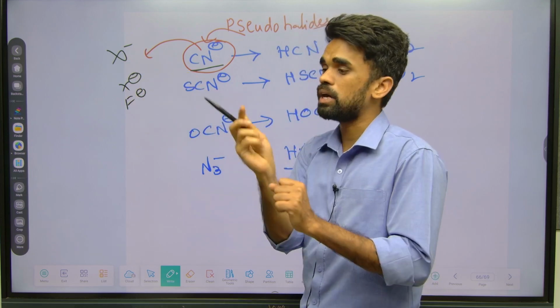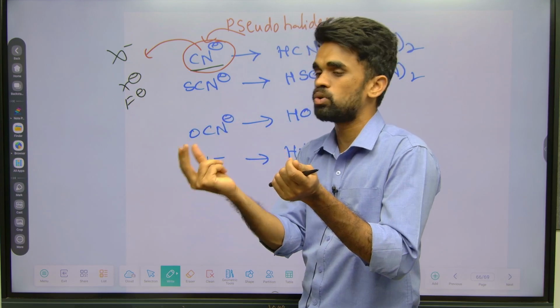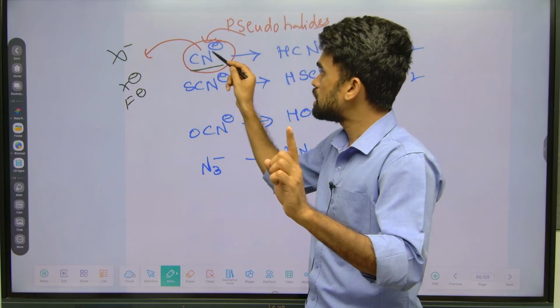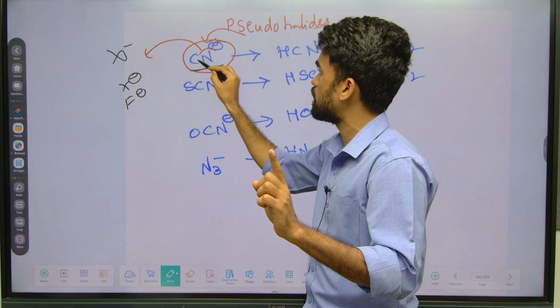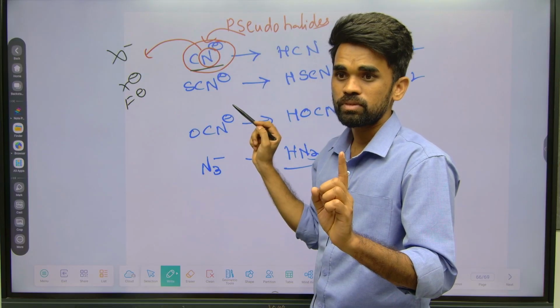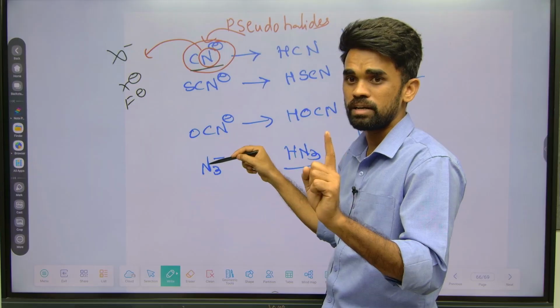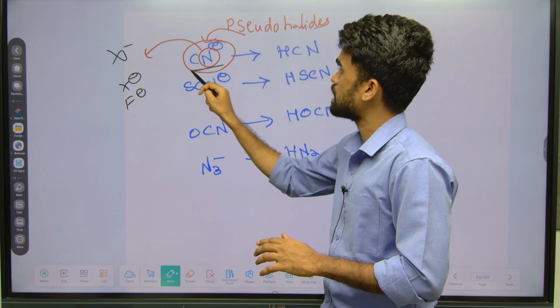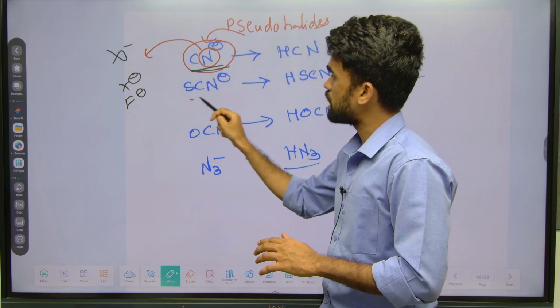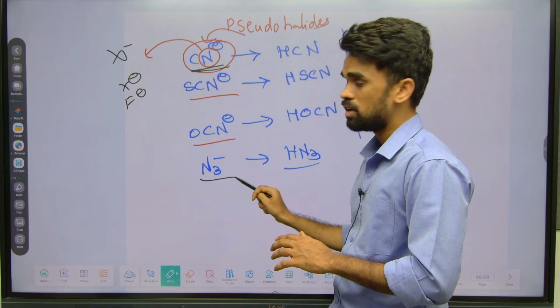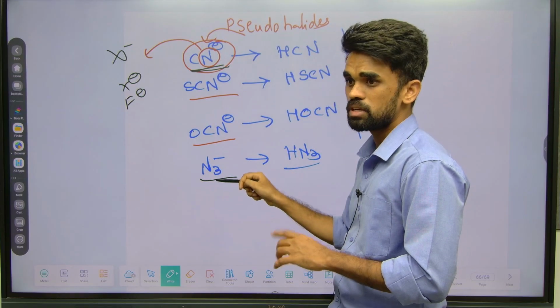Now, how can you identify whether a given compound is a pseudo halide or not? One thing is common: all pseudo halides contain at least one nitrogen atom. Like cyanide ion, thiocyanate ion, cyanate ion, azide ion. In all these compounds, there is at least one nitrogen atom.